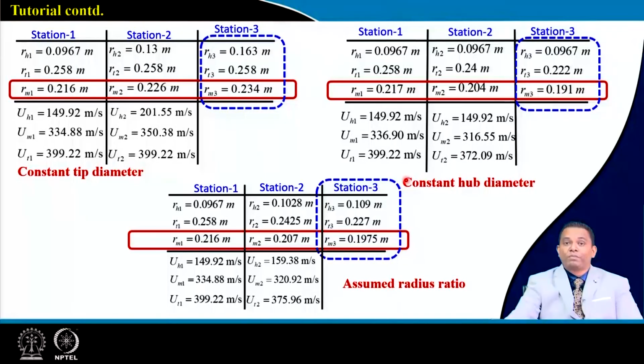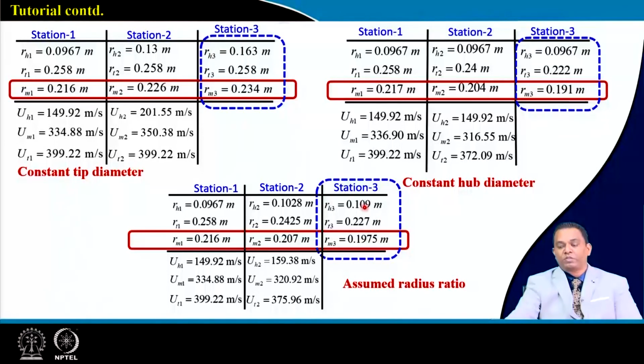It may be that with a constant hub configuration, the degree of reaction management or delta beta management is not working out, and that may indicate a move towards this kind of configuration.